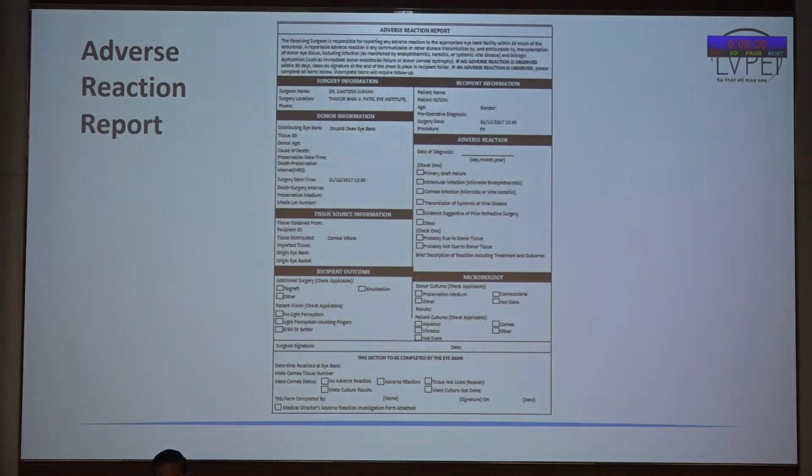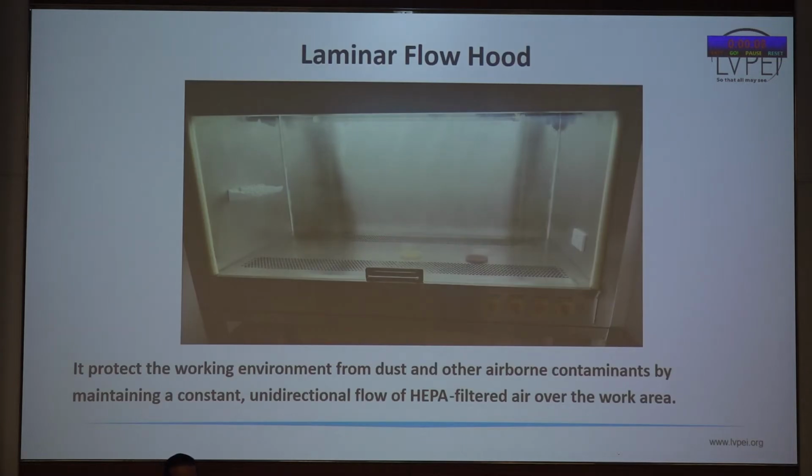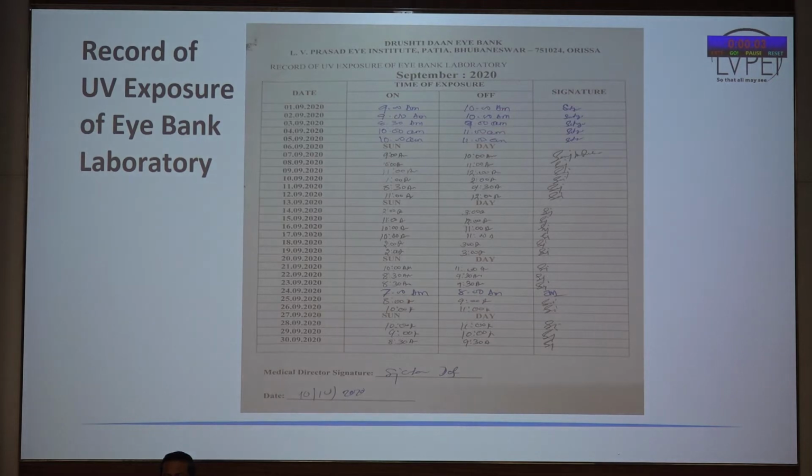It can be kept for 2 weeks. In case the patient develops an infection within that time, we can send the corneoscleral rim for culture. Most of the time it may be probable, but if it grows the same organism, then it is definitely donor related. Although the form is sent to the surgeon outside, most of the time we don't get it back. This is a culture plate kept in a laminar flow hood, and this is the UV light.